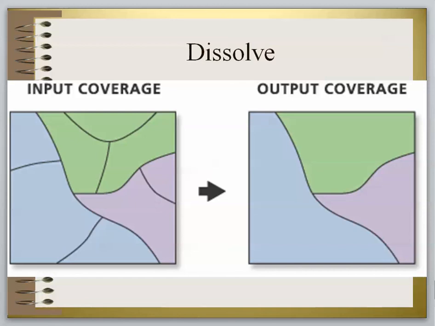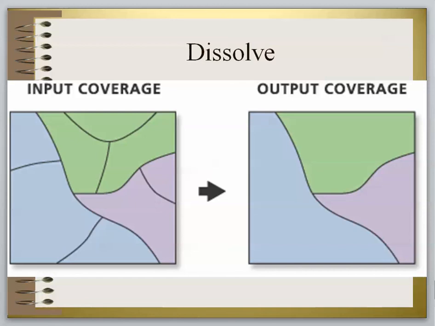And so let's just say, for instance, in the graphic over to the left, you've got a bunch of polygons, and let's just say that this is a forestry layer, and you're looking at different types of trees. Let's just say there's oak, there's pine, and there's spruce, represented by each one of these different colors, and who knows why they were separated into the smaller polygons.